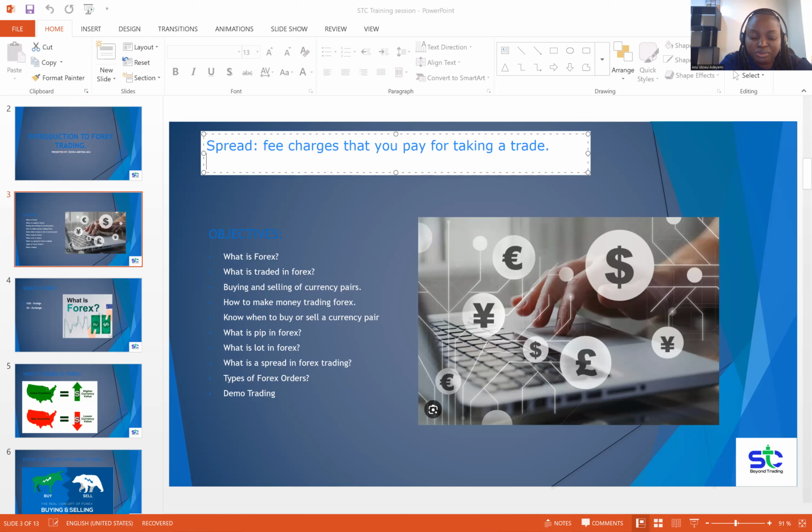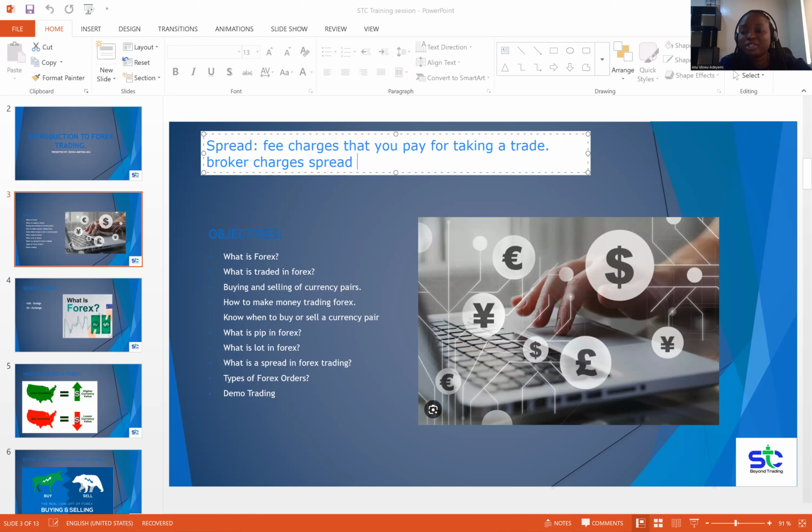It's the broker that charges spread, and the spread is known as the cost on transaction.